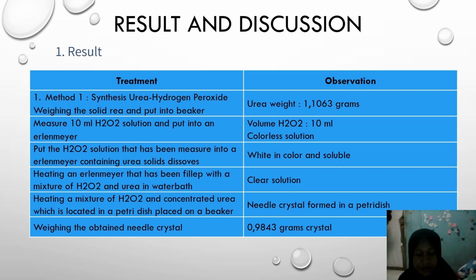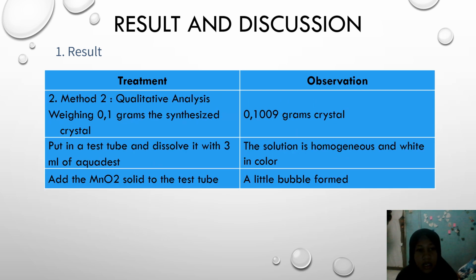The solution is clear. Heat the mixture of H2O2 and urea in a petri dish placed on a beaker. Needle crystals formed in the petri dish. Weighing the obtained needle crystals gives 0.843 gram.